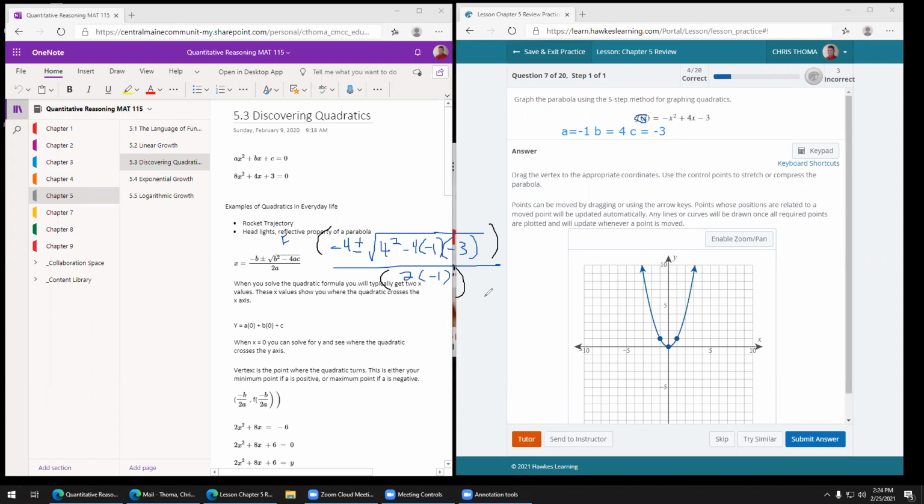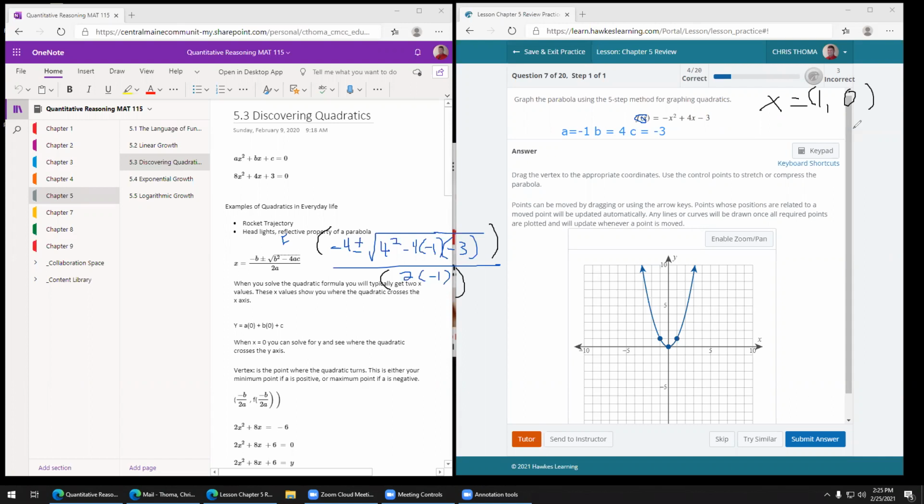All right, hit enter. So the first value I get is 1. So x equals 1. So that is the point 1, comma, remember, because we put in a 0, so that's 1, comma 0. Now I do the whole thing again. So parentheses, -4 minus the square root, 4 squared minus 4 times -1 times -3.